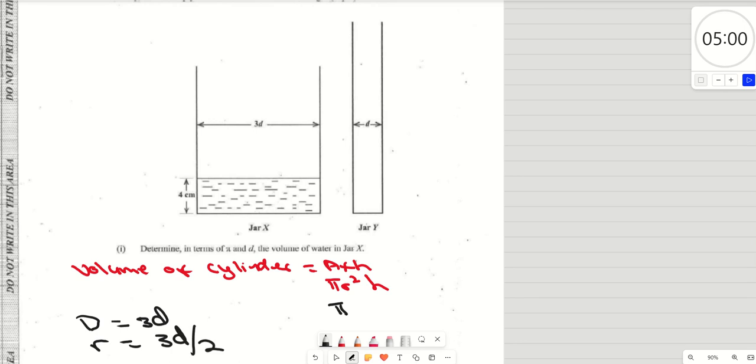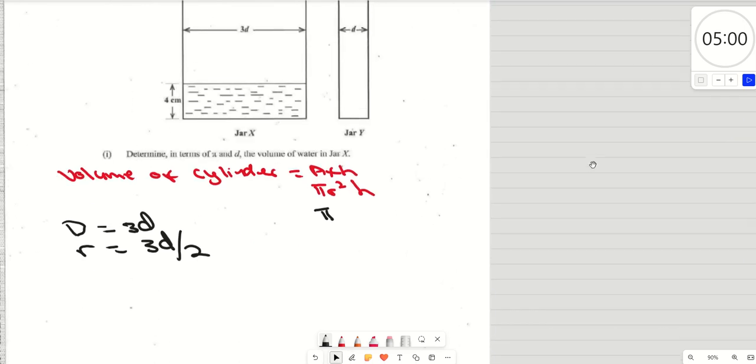So it's pi multiplied by, open bracket, 3D over 2, all squared, multiplied by the height of your water. Because it's the water, we will not use the height of the jar, we'll use the height of the water, which is 4.